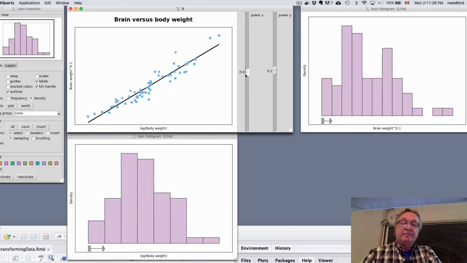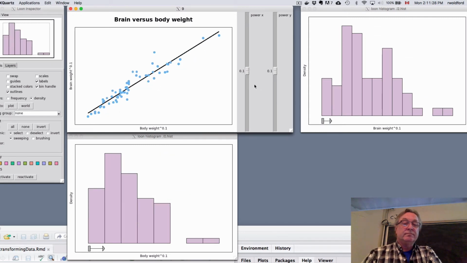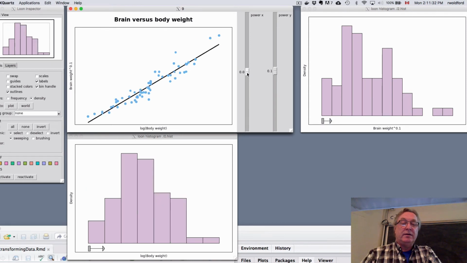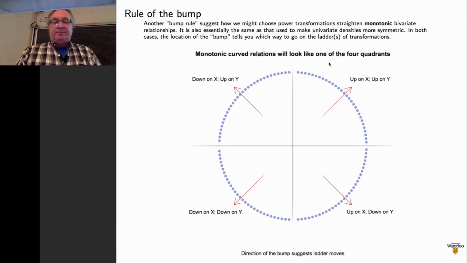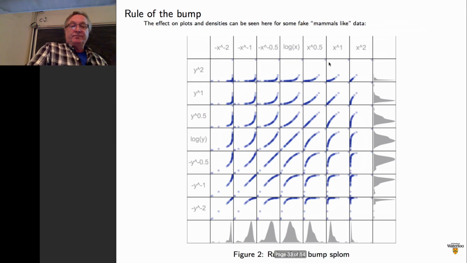So up to there, and down to here. It's a natural transformation, the logarithm of the brain weight versus the logarithm of the body weight. Log-log plot. Okay? So that works. Nice little mnemonic to allow you to choose a power transformation.